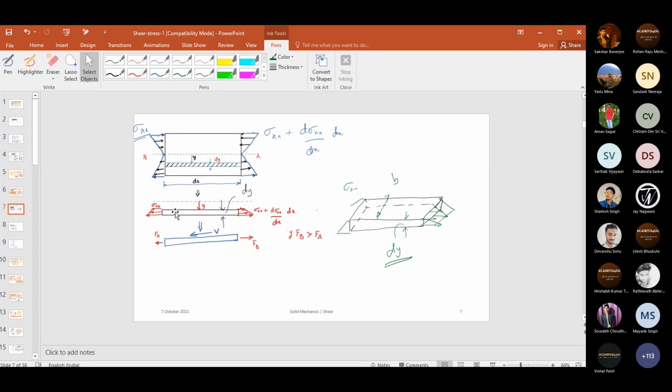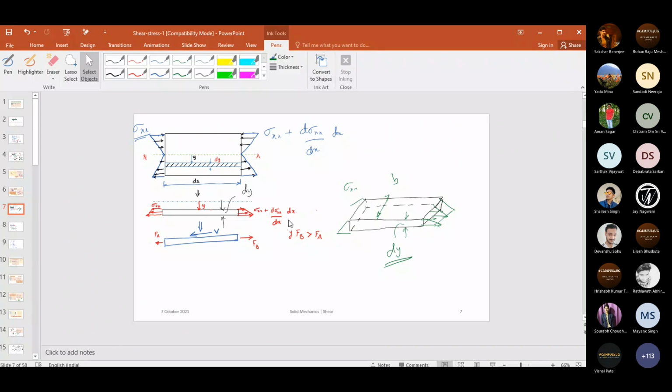So this is sigma xx, and this is sigma xx plus d sigma xx by dx into dx. So the area is what? b into dy. This is the breadth and the depth is dy. This cross-sectional area b into dy is common for both, but the stress values are different.